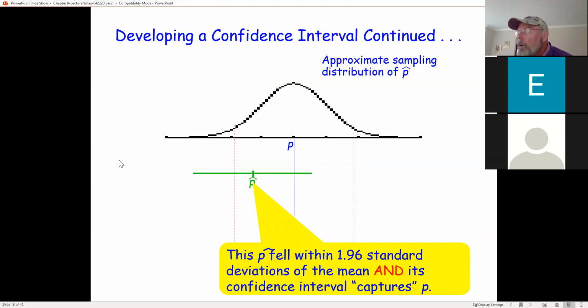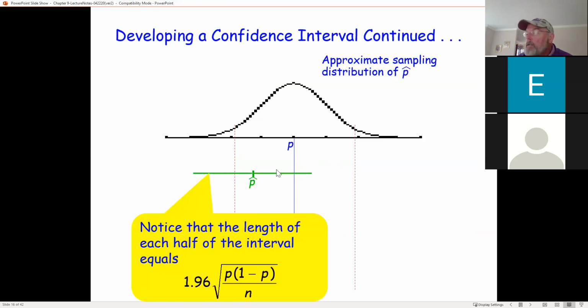All right, so let's think about this. This term here is this distance right here, and actually it's equal to this distance too. This is the distance away from the center and it's staying the same.